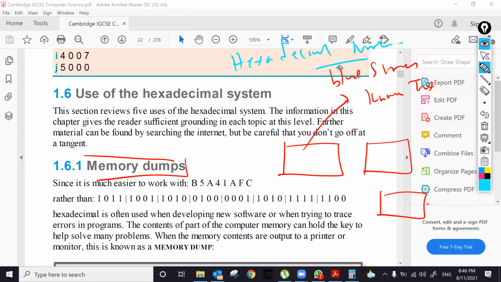It shows a kind of error code. So what is a memory dump? Memory has ICs, integrated circuits.